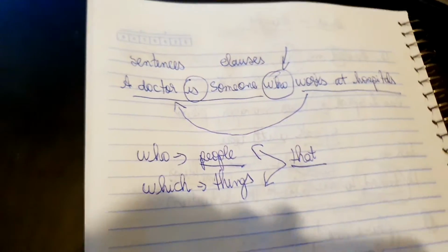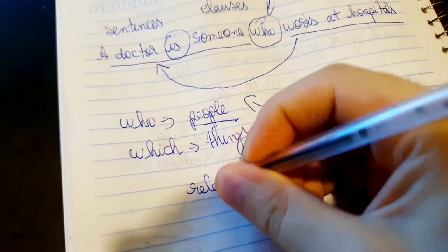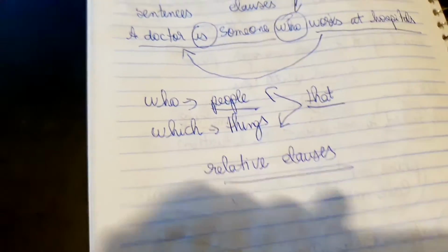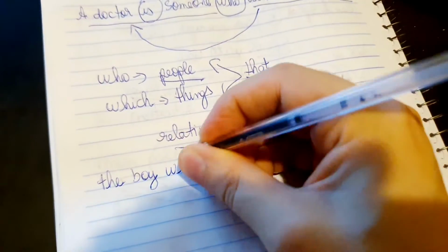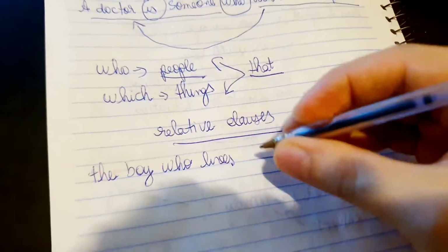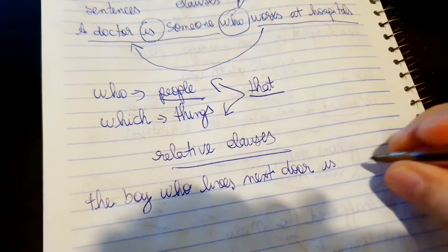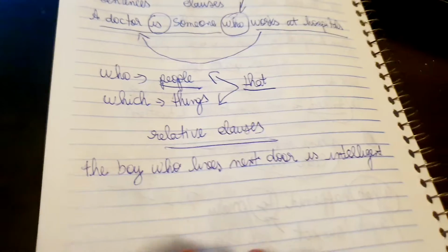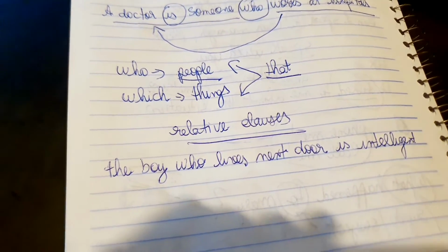So throughout the video and perhaps the next videos, we will be talking about relative clauses. So this is the first video about it, okay? The boy who lives next door is intelligent. For example, I know a boy who lives next door.